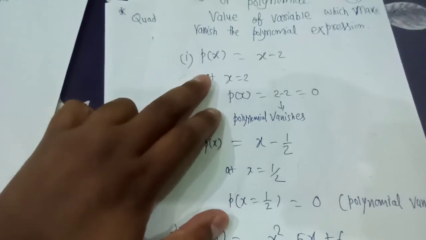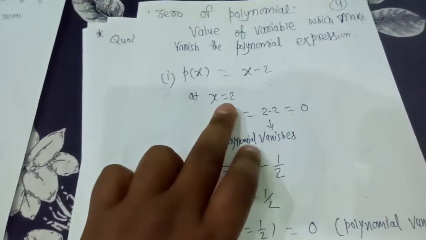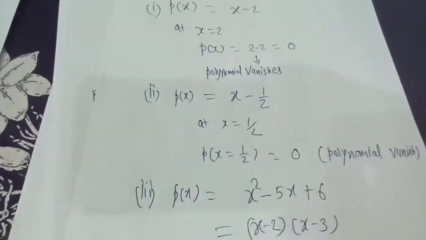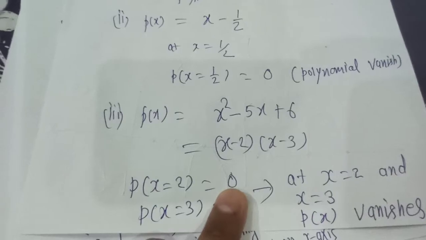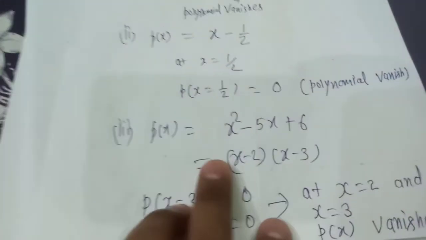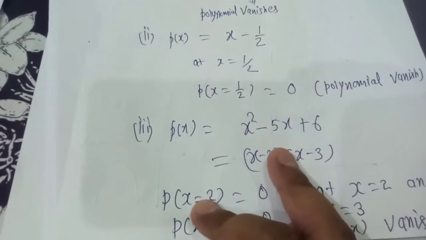So what do we learn here? For a linear polynomial, we have only 1 zero, and for a quadratic polynomial, we have 2 zeros. It is not necessary that we will always get a zero of the polynomial in the case of a quadratic polynomial.